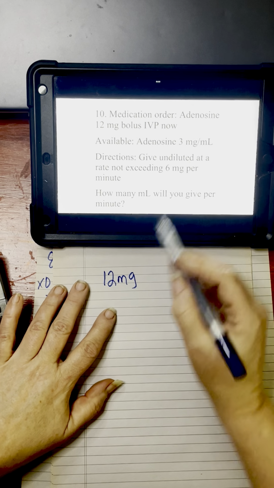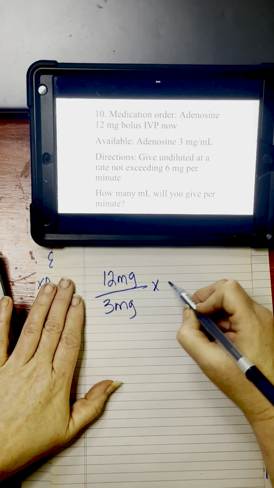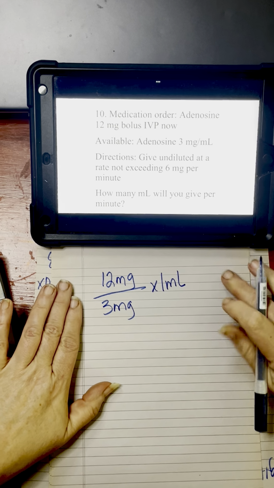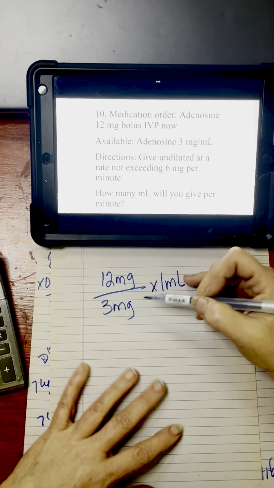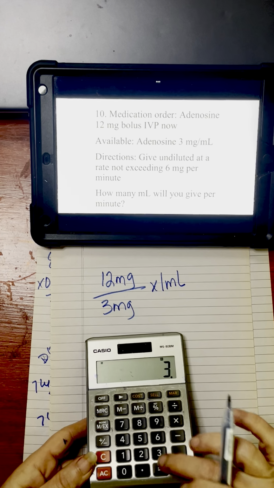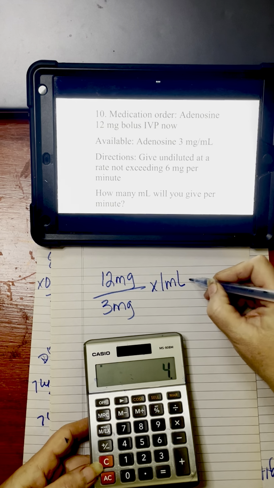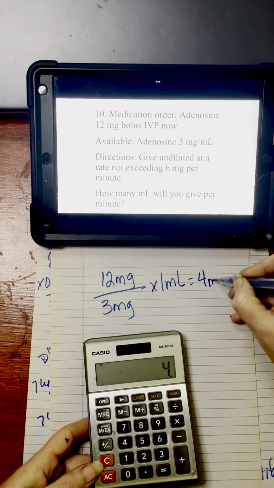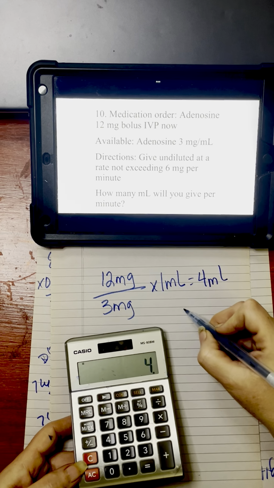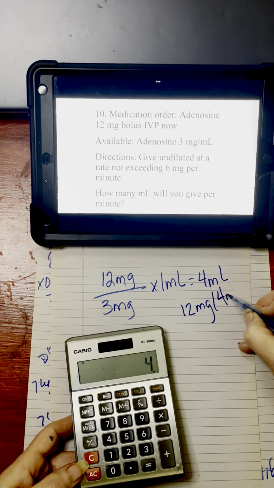What we have is 3 milligrams per mL. And we're going to do the math. So 12 divided by 3 equals 4, times 1 is still going to be 4 mLs. So we have 12 milligrams in 4 mLs.